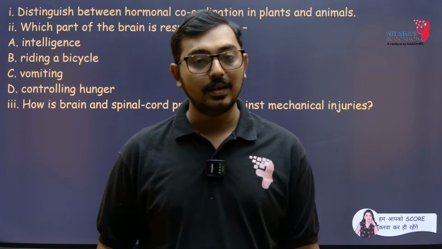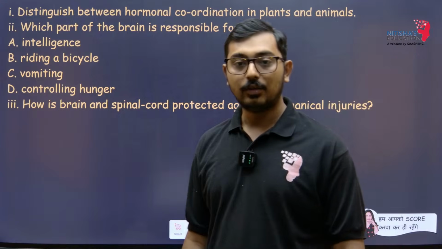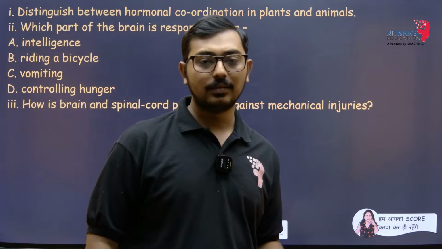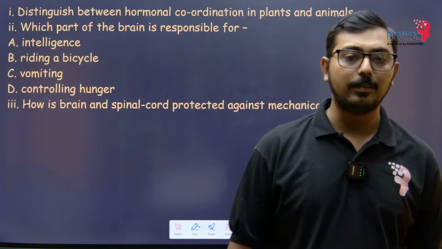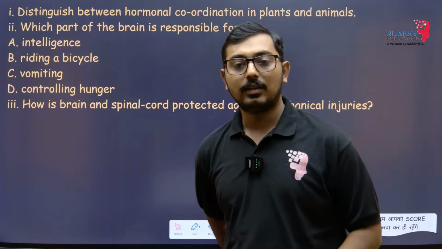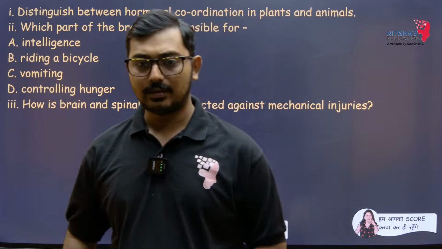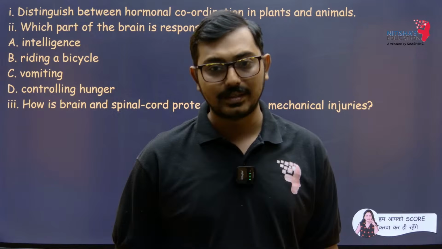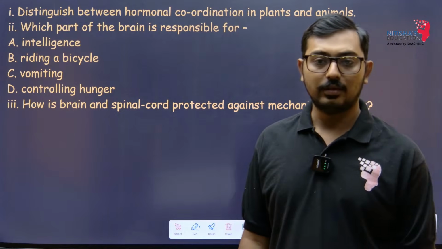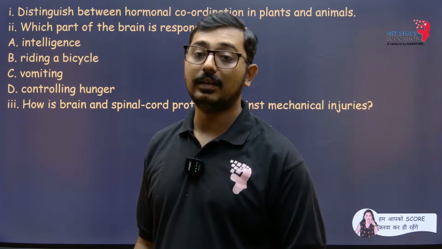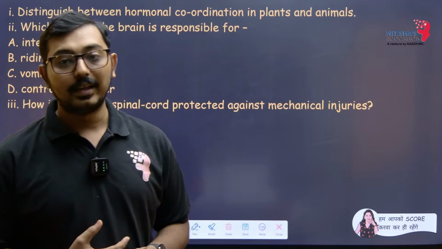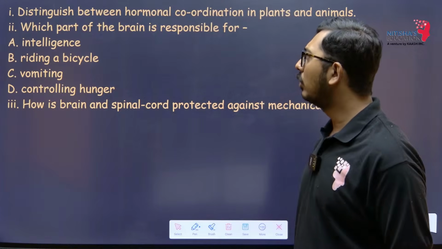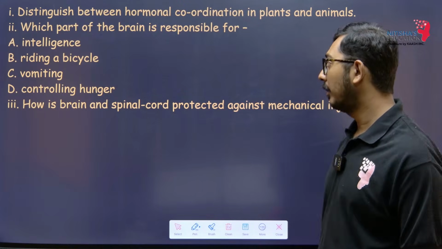Another difference is that no specialized gland is involved in plants; glands are not present in plants to secrete hormones. But in animals, hormones are released by endocrine glands. So these two differences you can use in this question.